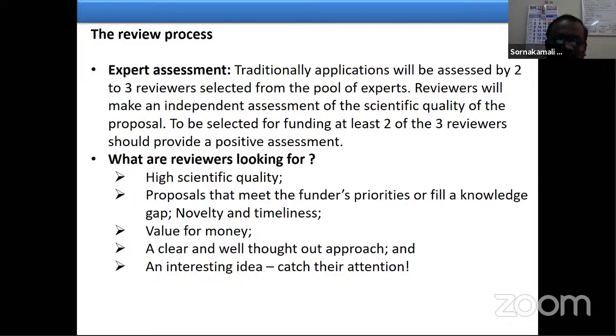What are reviewers looking for in the proposal? High scientific quality, proposals that meet the funders' priority, novelty, and value for money. The budget must be appropriate and modest, with a clear and well thought out approach, and an interesting idea. All these things the reviewer will evaluate in a proposal.